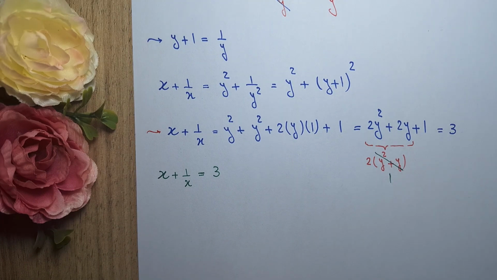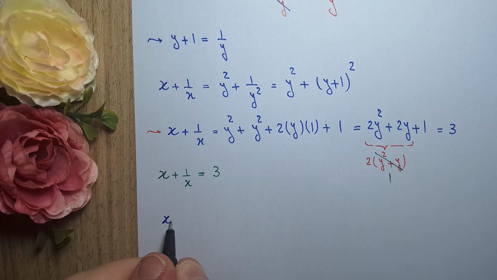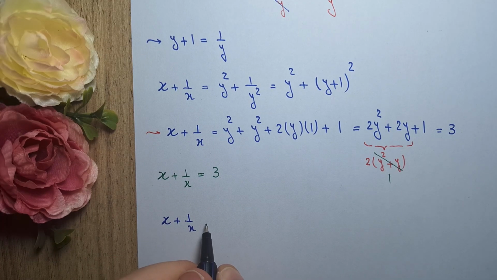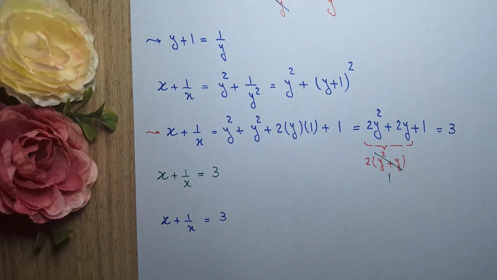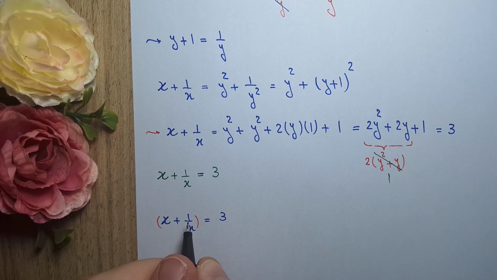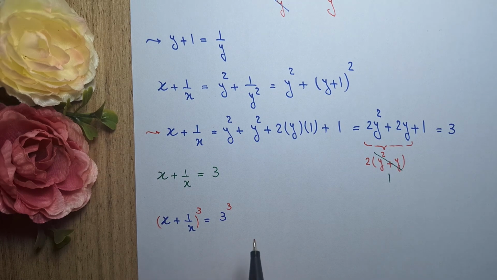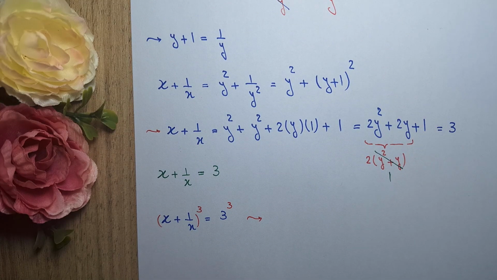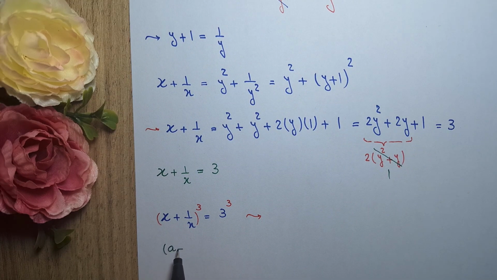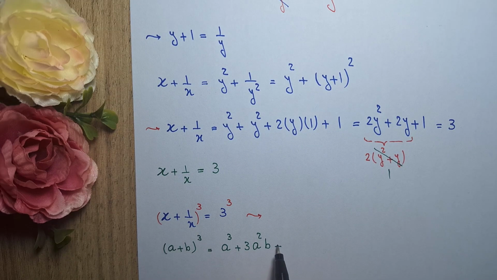In the next step, I want to write this equation x plus 1 over x equal to 3 and apply power 3 to both sides of the equation. So, according to this tip, (a plus b) power 3 is equal to a power 3 plus 3 times a squared times b plus 3 times a times b squared plus b power 3.